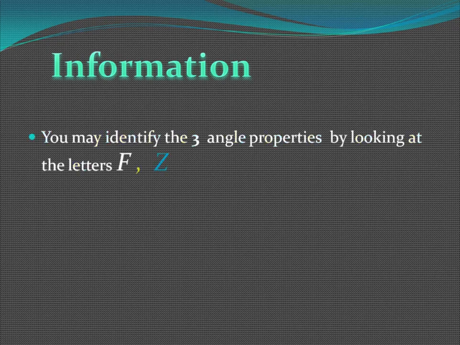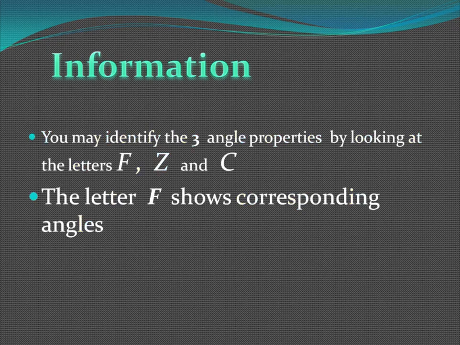The most important thing here, which makes it easier to identify the angles, is the three letters F, Z and C. The letter F shows corresponding angles. If parallel lines are like F, you can see here this is a line and this is another line, these two lines are parallel and they are like F. So the angles made with F are called corresponding angles.